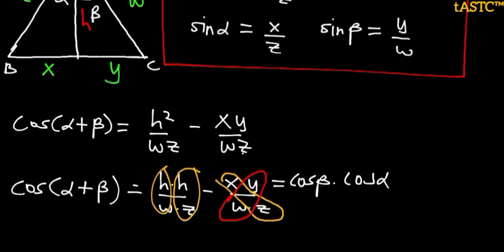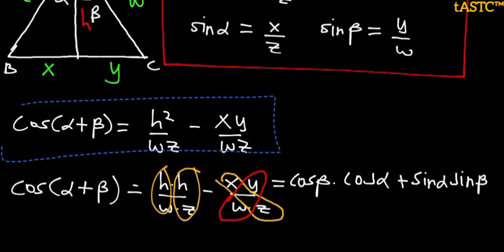Then we have x divided by z. Now x divided by z was given as sine of alpha. And then we have y divided by w, so that should be sine beta. So that is what you have.